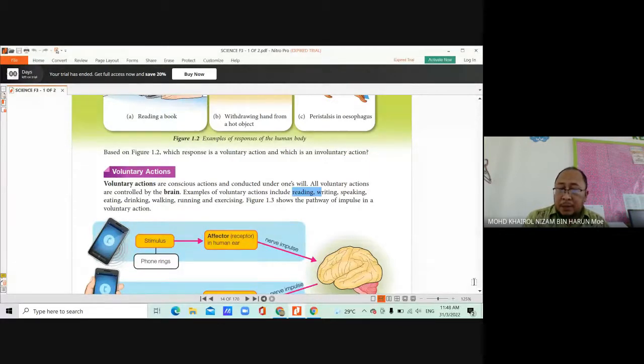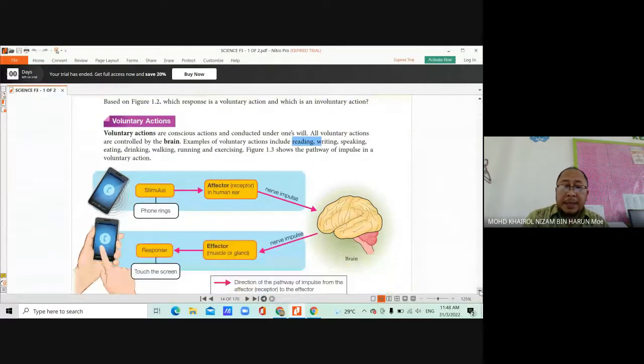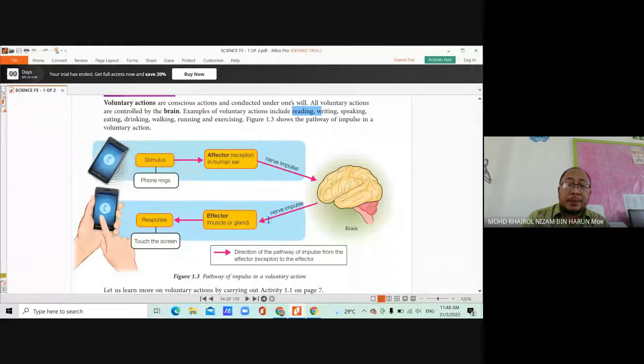It will involve the brain. The pathway of voluntary action is concluded in this diagram. So, stimulus, rangsangan. When there is any stimulus, the human nervous system has what we call a receptor.